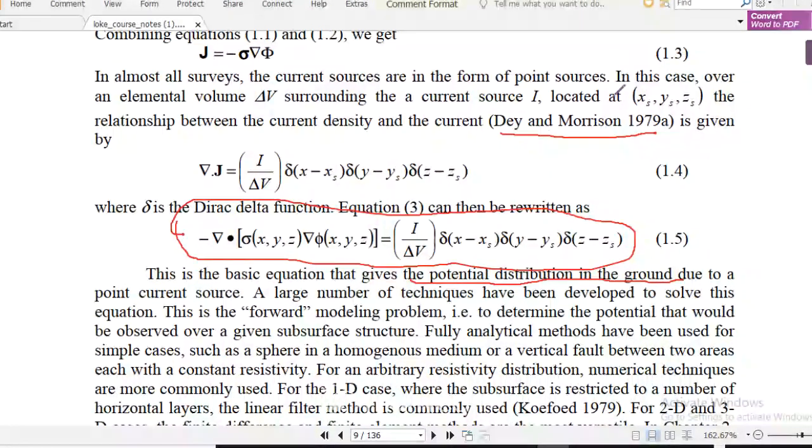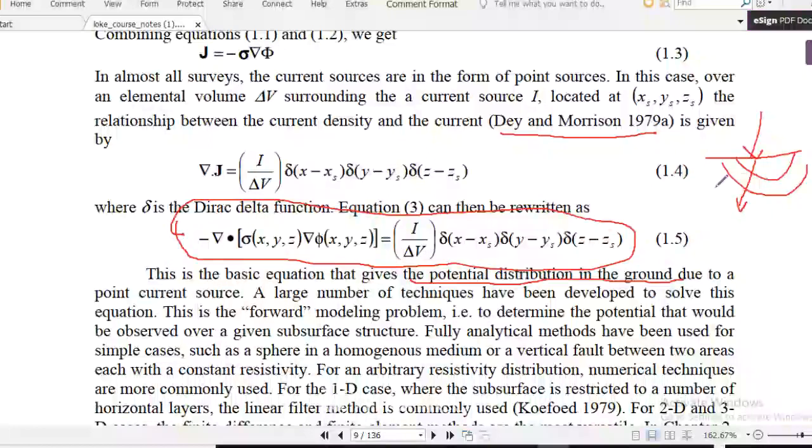The current is located at X, Y, Z. Delta V is, for example, this is the ground. You have assumed this electrode is here. The current flows like this. There is a potential around this one.